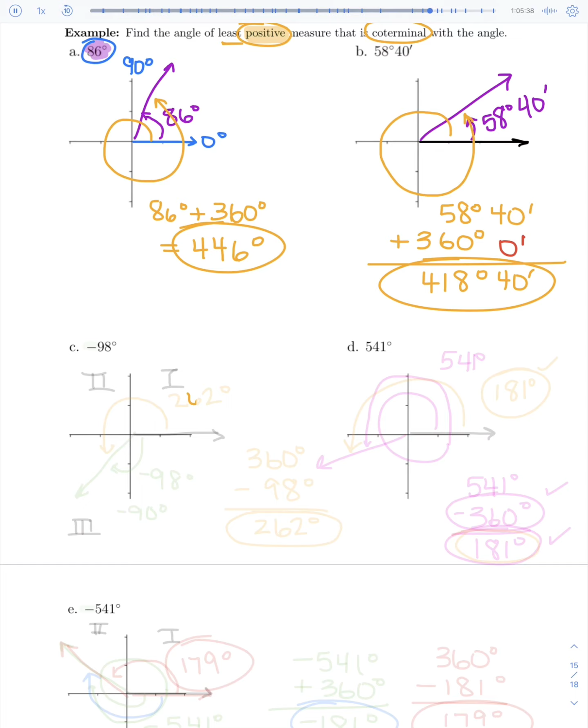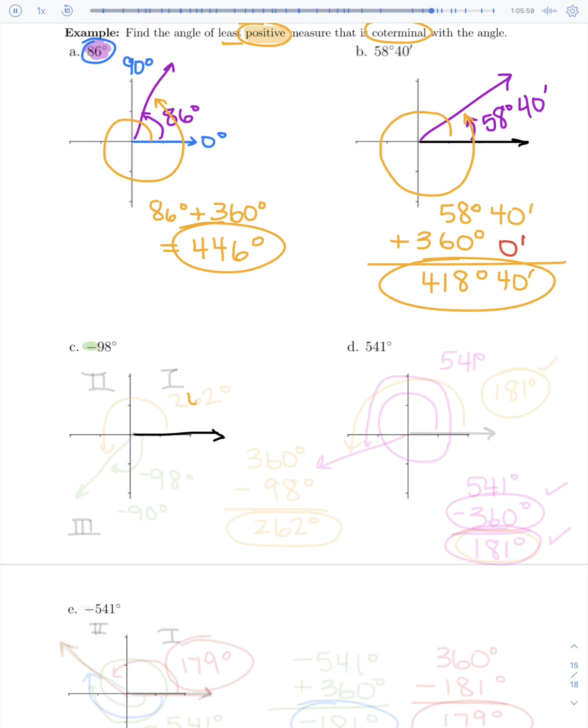Let's take a look at C. In C, we've got a little bit different. We always start again on the x-axis on the right here. What we should be noticing with this one that is slightly different, and it does make a huge difference, is that this angle is negative, which means we're going to be going clockwise, not counterclockwise.